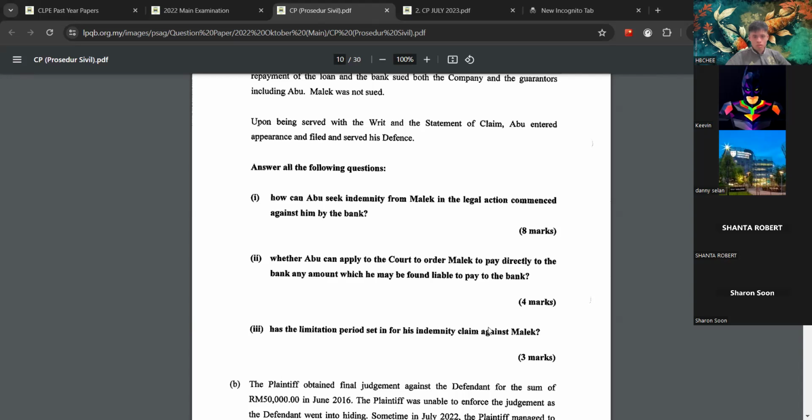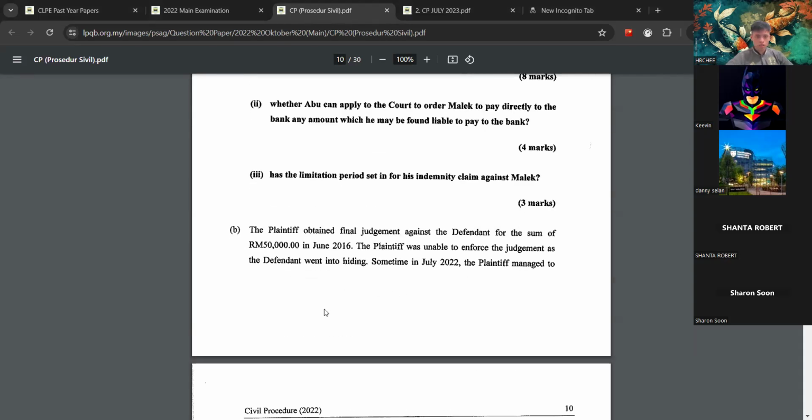Obviously no, because now he's starting, so it's still within time. So it is asking you what is the limitation period for Abu to bring an action against Malek? So 6 years is correct. Okay, thank you, Sandy, for your reminder.